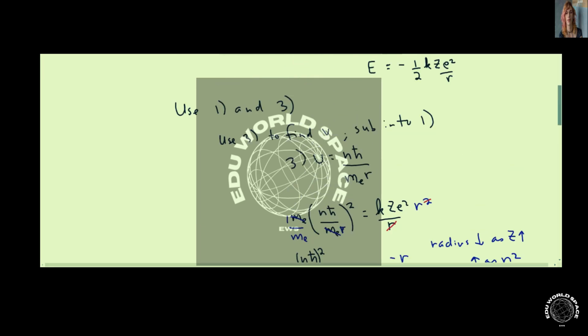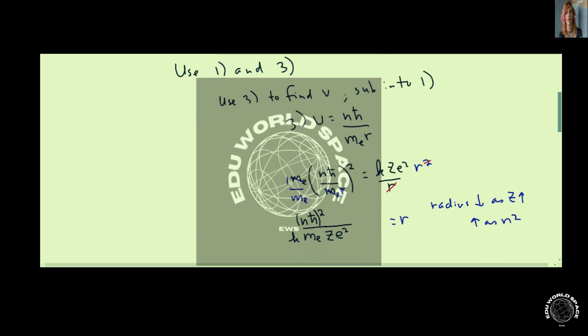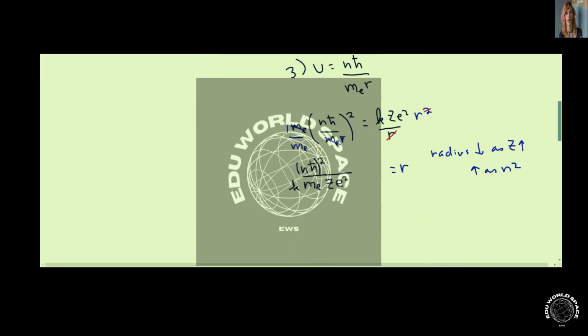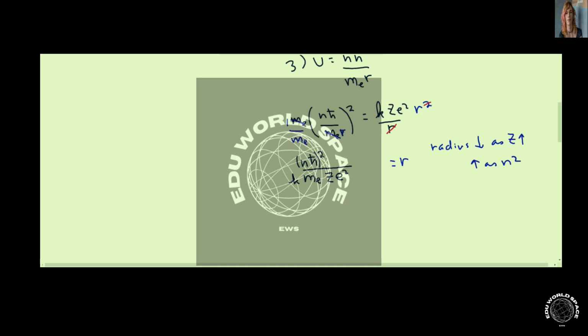Okay, and our last step then is to put the r, just invert it and put it into our energy formula. So we're going to sub into energy and be careful not to lose any good stuff.